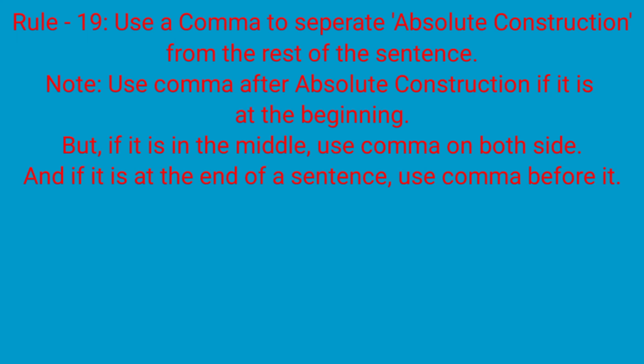Note: use a comma if it is at the beginning, but if it is in the middle, use commas on both sides, and if it is at the end of the sentence, use a comma before the absolute construction.